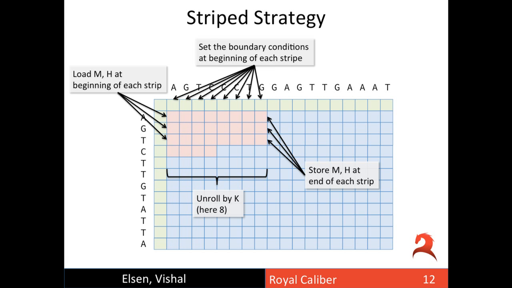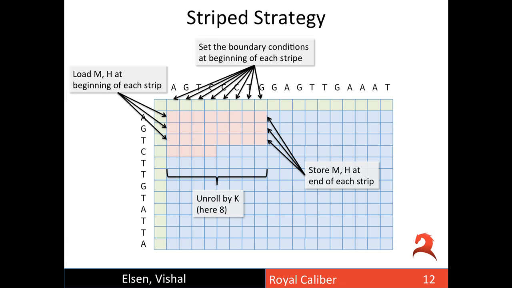In any case, the basic idea now is in a thread, we're going to, in registers, set the boundary conditions for M and V along the top. Those values will all be stored in registers. Along the left edge here, we need to load M and H from global memory, which, on the first stripe, will be the boundary condition, but later on it'll be what was computed over here. So we'll load the boundary condition.